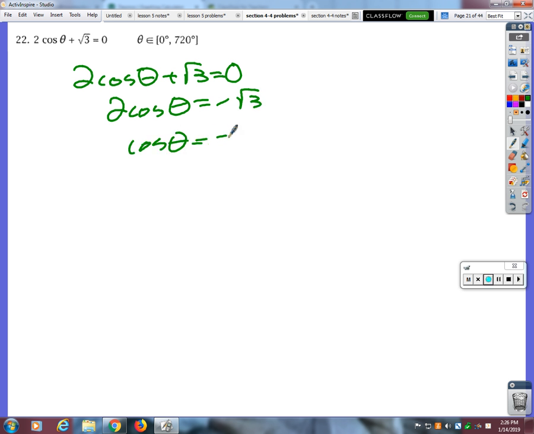Okay? And then how do I get rid of the cosine? Yeah, you inverse cosine both sides. So I'm going to inverse cosine here, and I'm going to inverse cosine there. Those cancel. So theta equals the inverse cosine of negative root 3 over 2, which equals, now remember with cosine it's a plus minus, right?